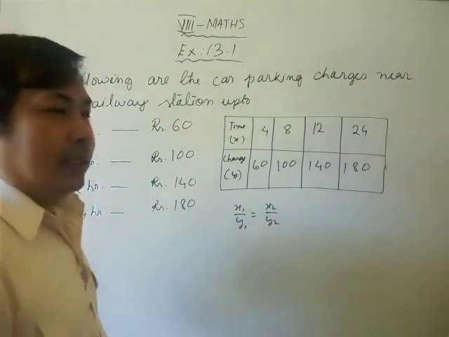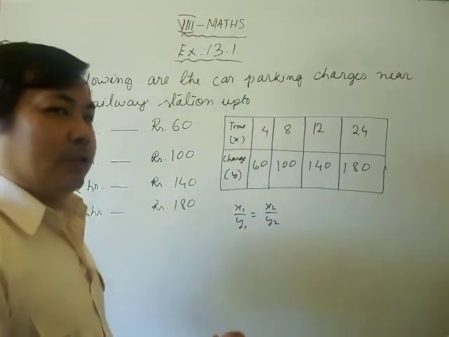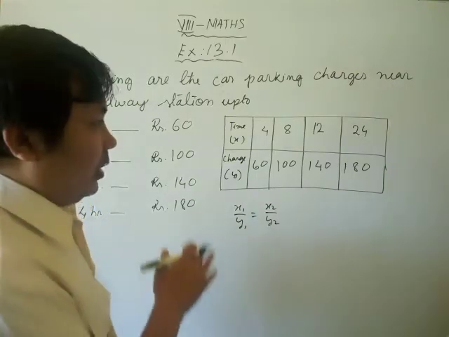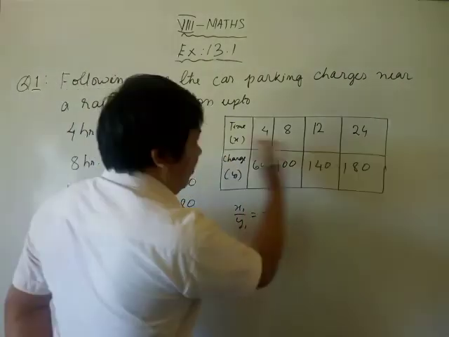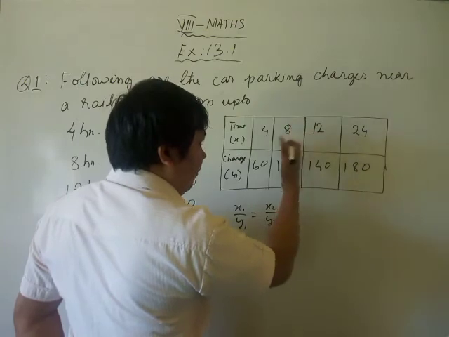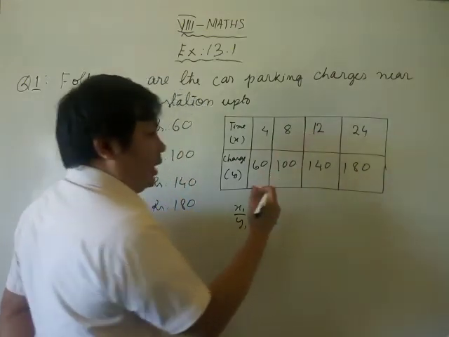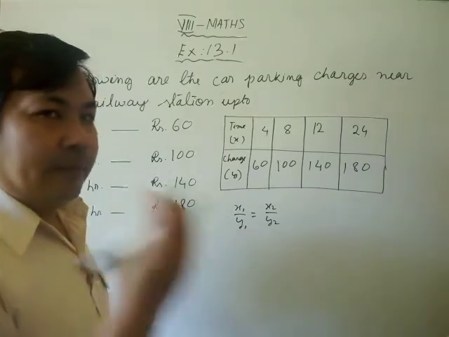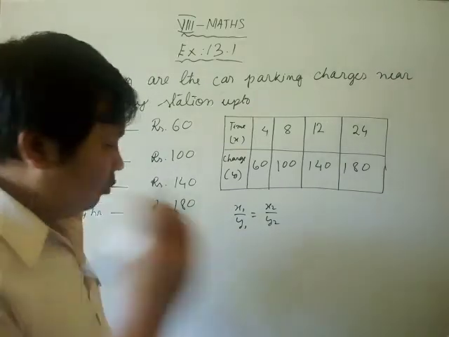If you find that it is proportional, then they are proportional. If it's not proportional, then they are not proportional. Every pair can be checked, but if you find any one is not proportional, then the remaining are not proportional. Okay, so you should not forget this.